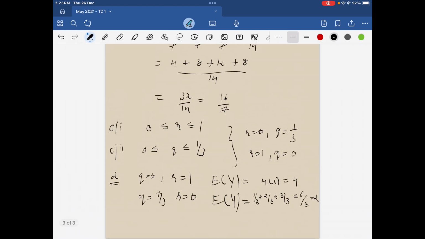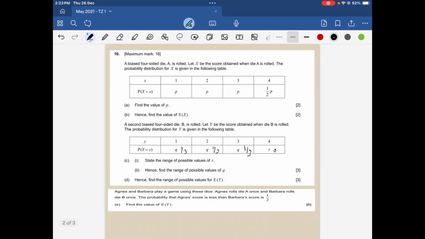So the range of expected values will be between 2 and 4. So we can write it like this: 2 less than or equal to expected value of y less than or equal to 4. So that ends with my question number D, which was a 3-marker question.